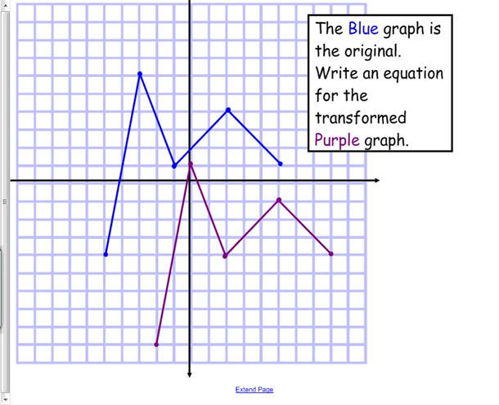All right. The blue graph is the original. Write an equation for the transformed purple graph. Just sum it up. See if you can write the equation for this thing. The purple one. If I'm seeing how far down this went, I'm going to count it out and go.